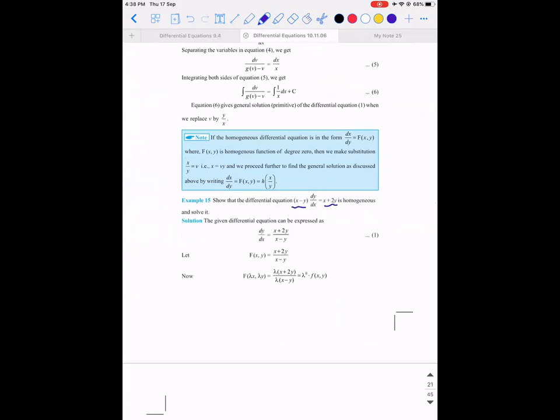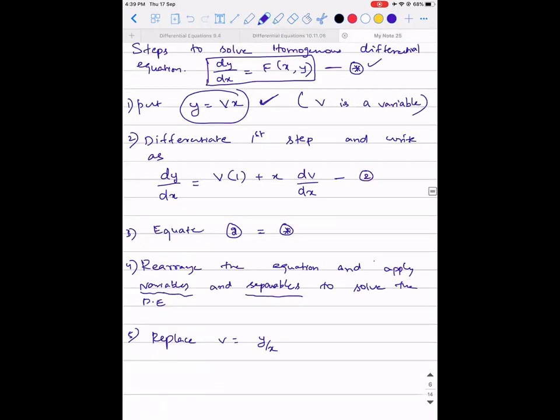It is difficult for us to write x terms separately on one side and y terms separately on the other. Is it possible for you to separate x and y terms from this expression? No, sir. You cannot do it, right? If there was a possibility of that sort, we need not use this method at all. We could have gone directly with variables and separables. So this will become an implicit function. In order to make an implicit function an explicit function, we are following these steps. That's as simple as that.